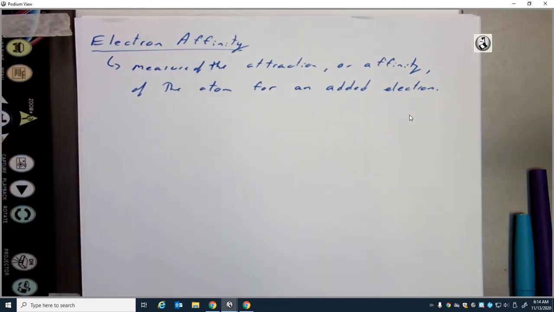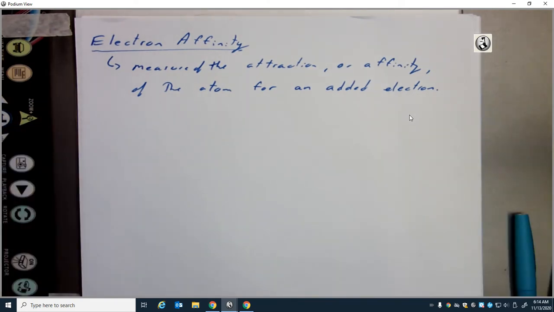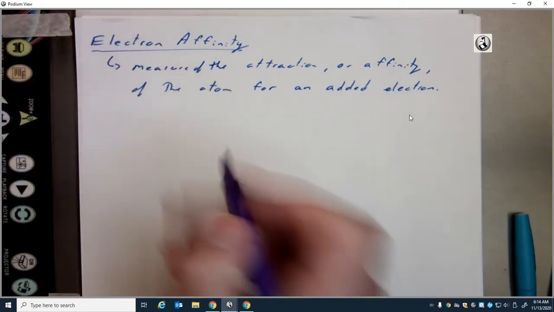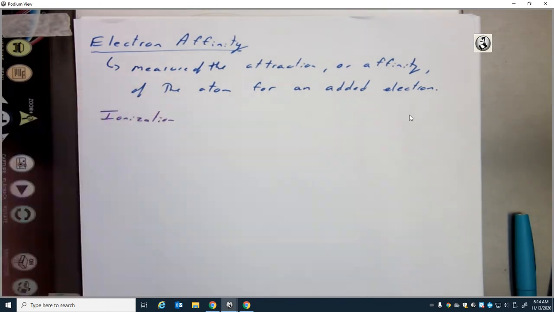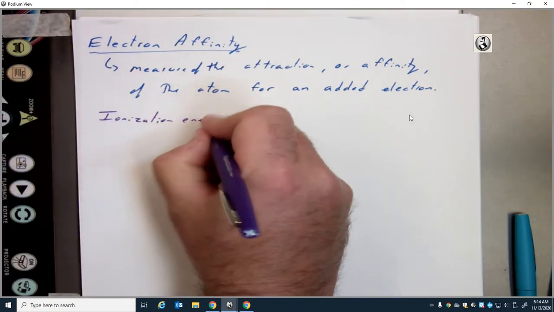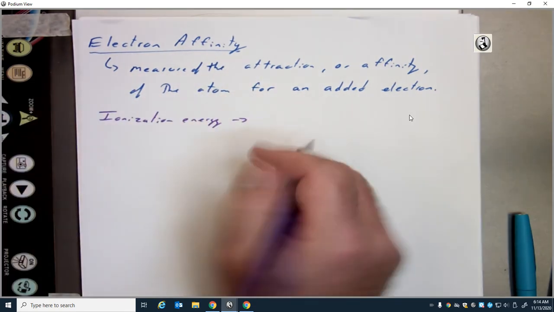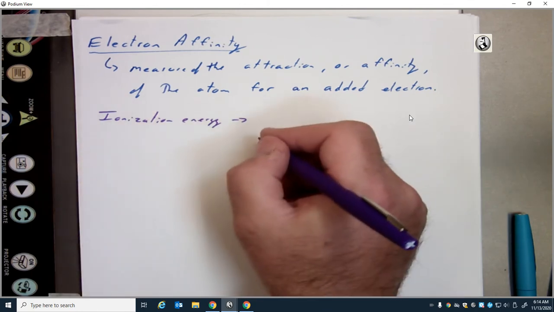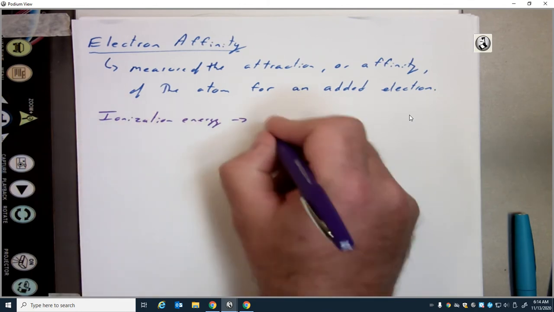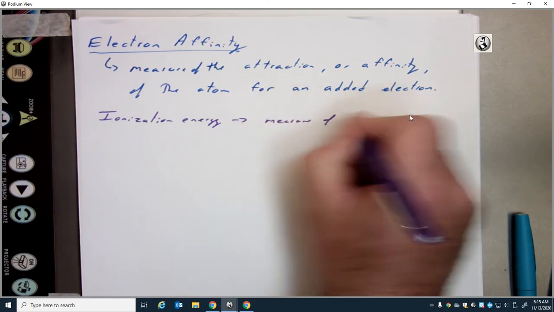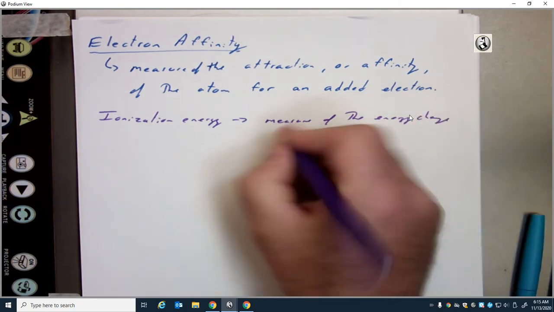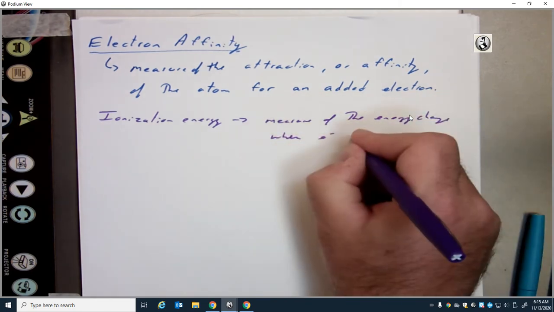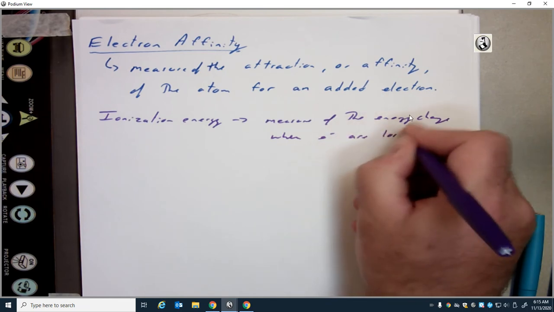All right, so last class we talked about ionization energy. And ionization energy is really the measure of the energy change when electrons are lost.